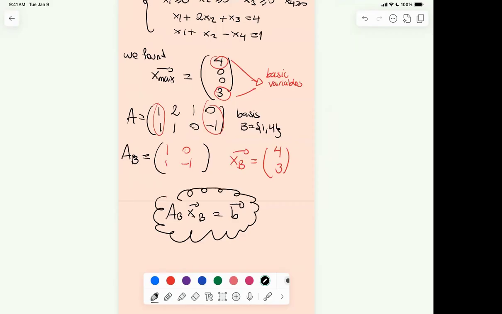I'm kind of doing things backwards, but what we did before is you started with the basis for the matrix, you would solve this system, and that's how you would find the basic variables. So that was the relation between the basic variables, the basis, and the vector b.